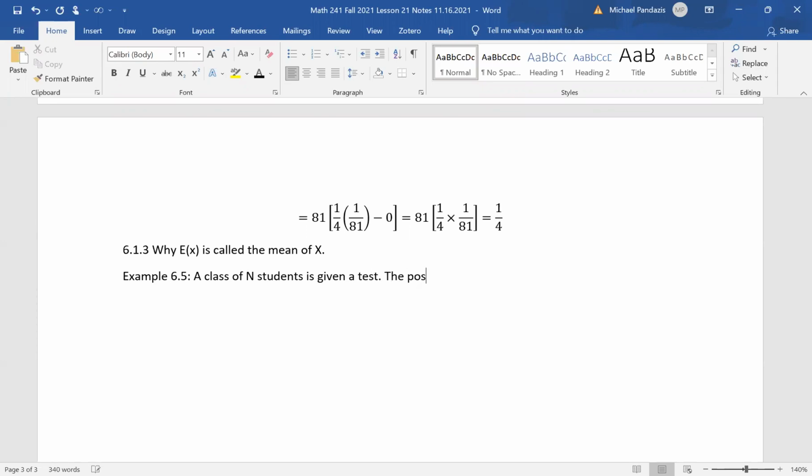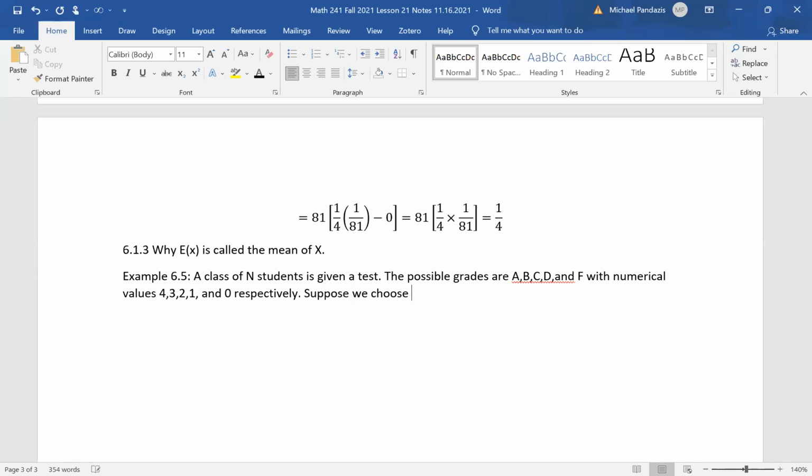The possible grades are A, B, C, D, and F with numerical values 4, 3, 2, 1, and 0 respectively.